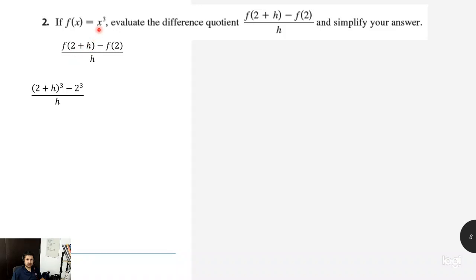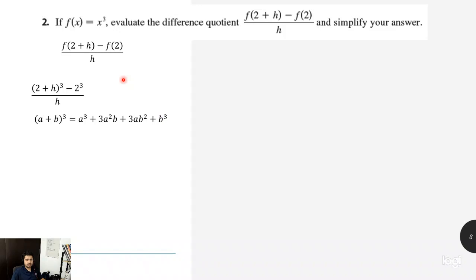So we get 2 plus h elevated to 3 minus 2 elevated to 3, replacing this into the function. It's important that we keep this h so we can cancel it out.